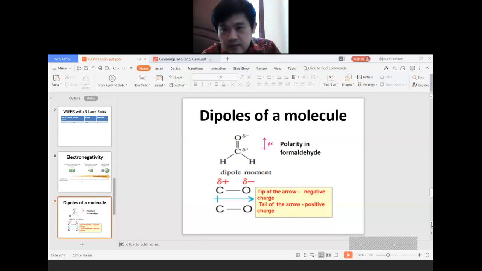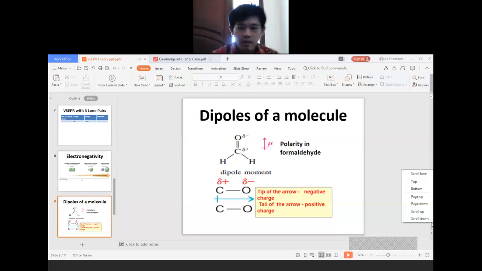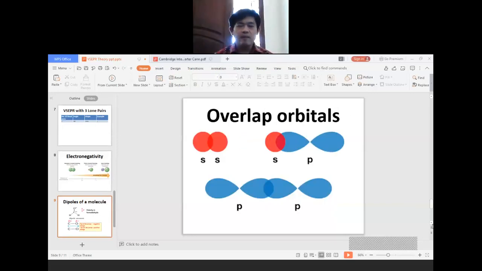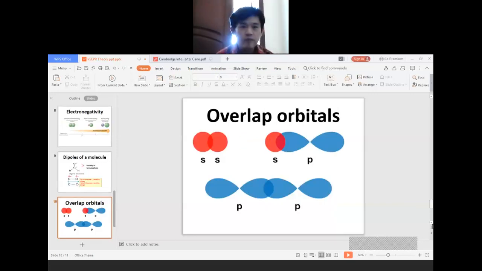Okay, next, overlap of orbitals. Last week, in the first ionization energy, we already learned about the s orbital, p orbital, d orbital, and f orbital.